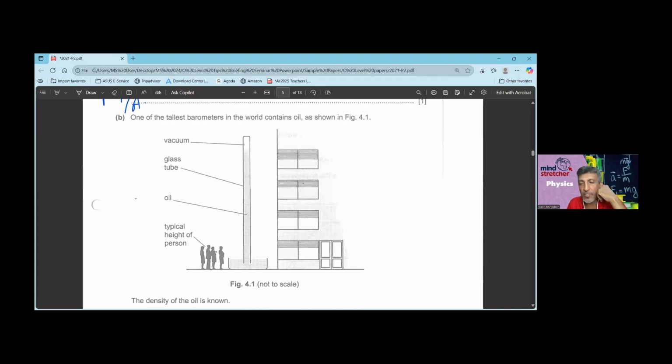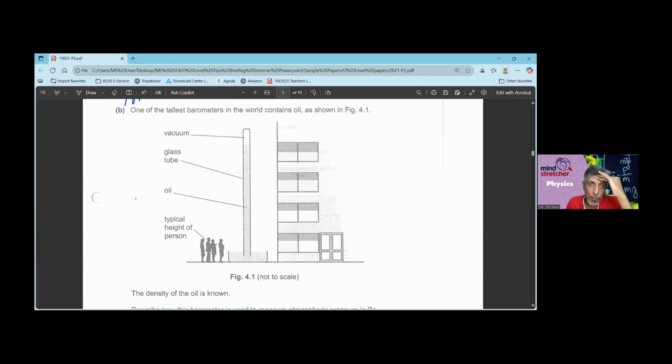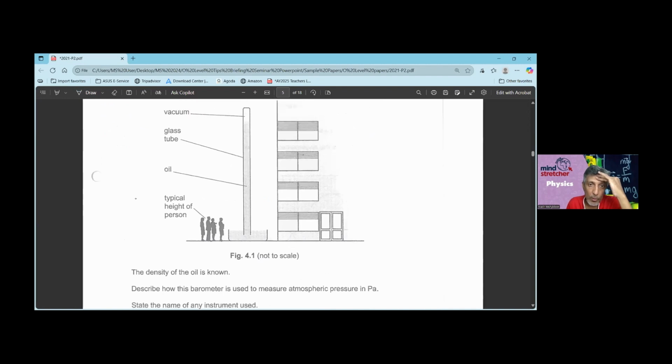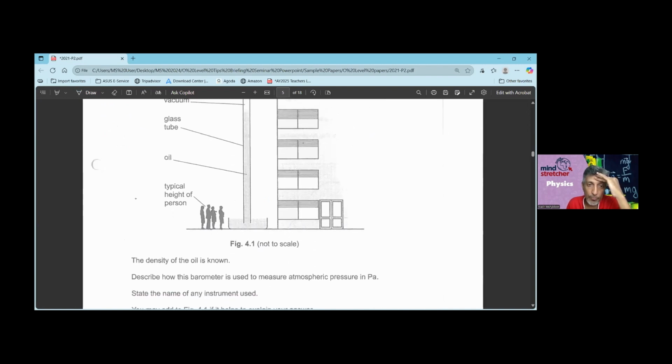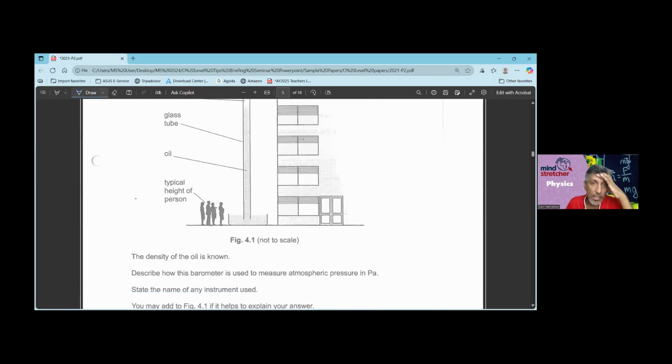Now, part B just applies to pure physics students. One of the tallest barometers in the world contains oil. And you know barometer, right? They say the density of the oil is known. So you know pressure of a liquid is given by h rho g. They asked how this barometer is used to measure atmospheric pressure.